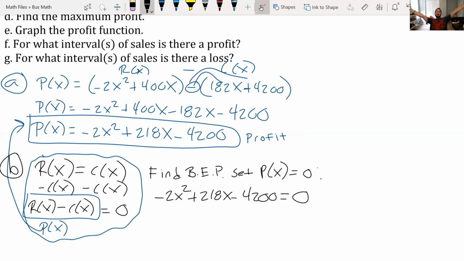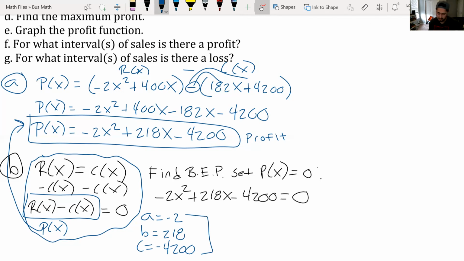And again, unfortunately, we've come back to this. We don't want to factor this. And since we don't and really can't factor it, we introduce the quadratic formula. So again, label everything. A is negative 2. B is 218. C is negative 4200. Plug these into the quadratic formula.